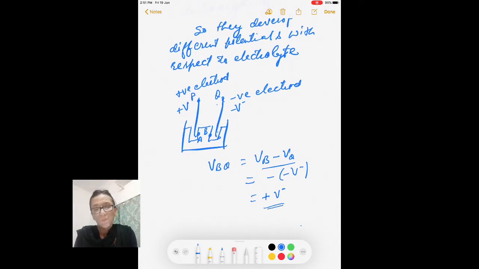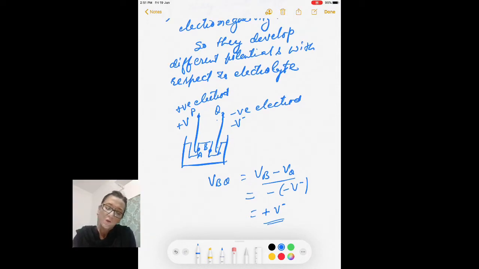It will be a positive value because you are going from a higher potential to a lower potential, as it is at a negative value.